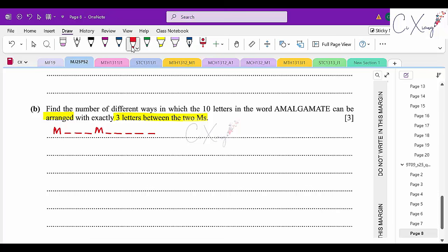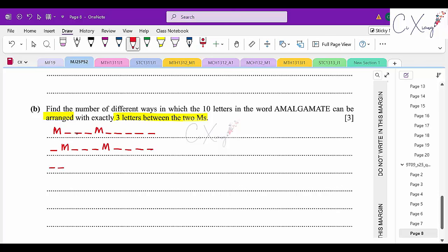And then for me, if I want to make sure that every single letter in between, all these letters here, can be arranged freely, I just try to consider what are the possible positions for the M first. So this is the first position that I have. The second position is I can have this one. I have 1 letter in front, followed by M, 3 other letters, then followed by M again.